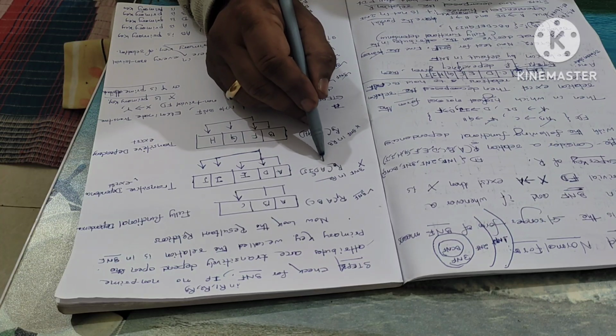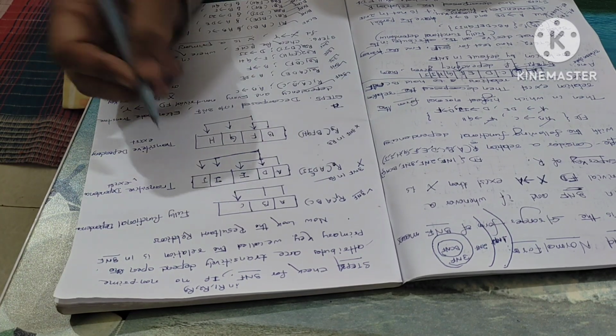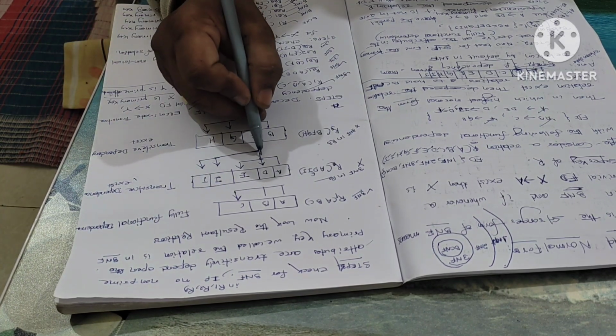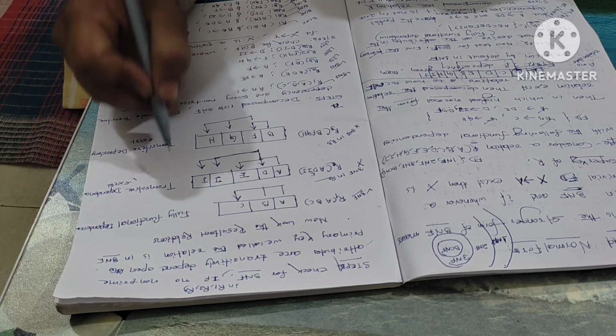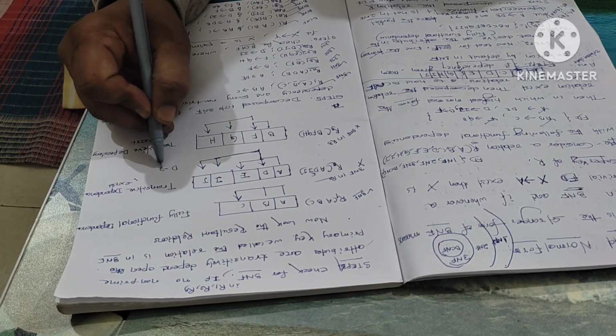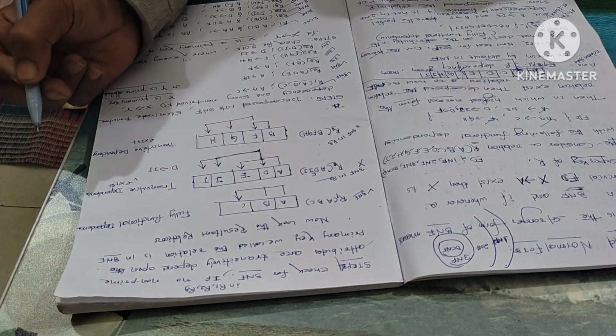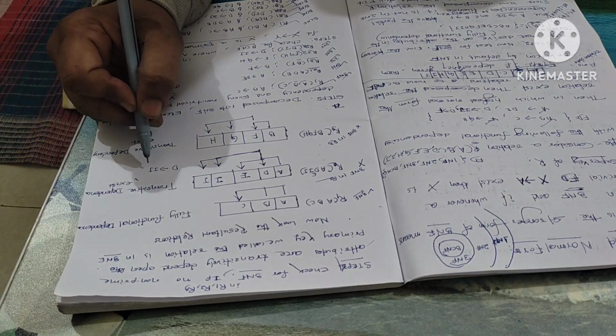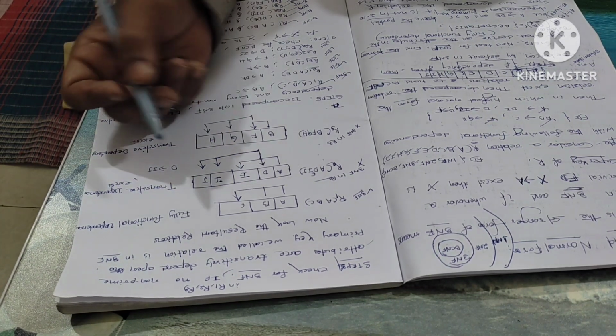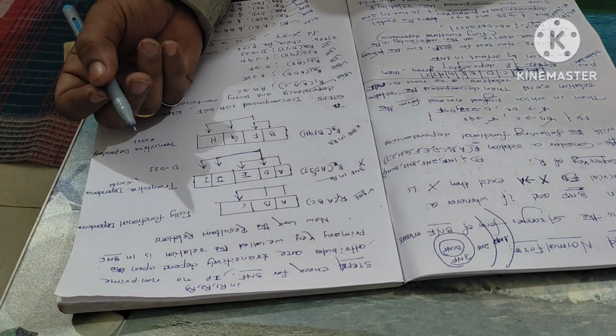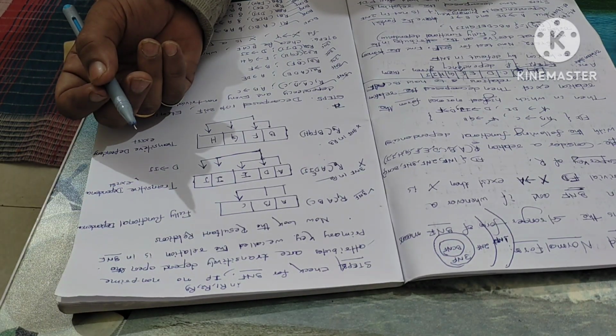But there is the existence of transitive dependency that determines IJ. Why is it a transitive dependency?